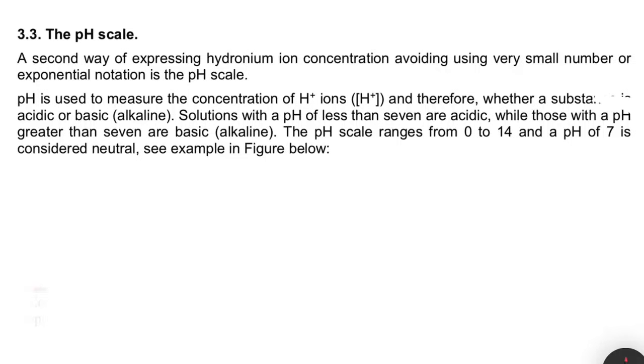Solutions with a pH less than 7 are acidic, while those with a pH greater than 7 are basic. The pH scale ranges from 0 to 14, and a pH of 7 is considered neutral. See the figure below. Well, there's no figure to see here, but that's the pH. We are ranging from 0 to 14. Less than 7, it's an acid, and greater than that is a base. Nothing new there. We've been talking about that since grade 9.